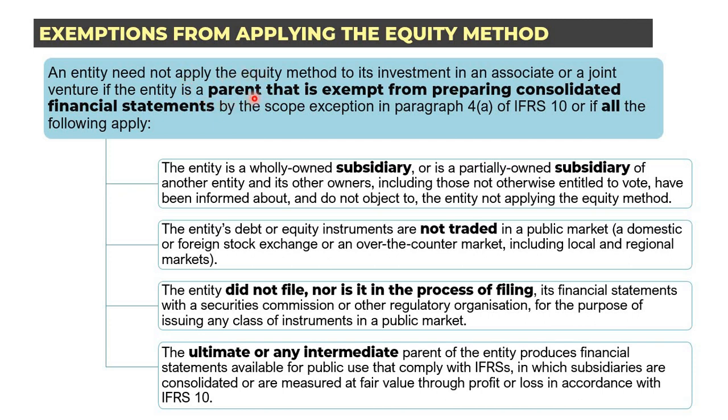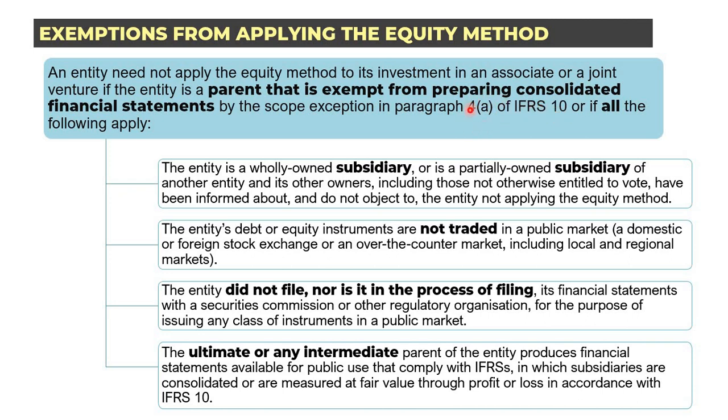Tapos, tayo as the parent, tayo daw ay exempted from preparing the consolidated financial statements by the scope exception in paragraph 4A of IFRS 10 or PFRS 10. So, exempted tayo from doing the equity method if we complied the exception rules in paragraph 4A of IFRS 10, which is, again, this will be discussed in your advanced accounting, specifically accounting for business combination.